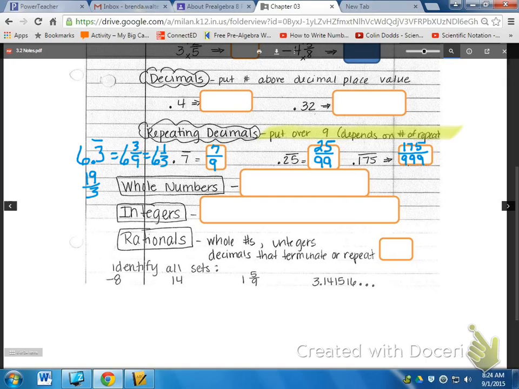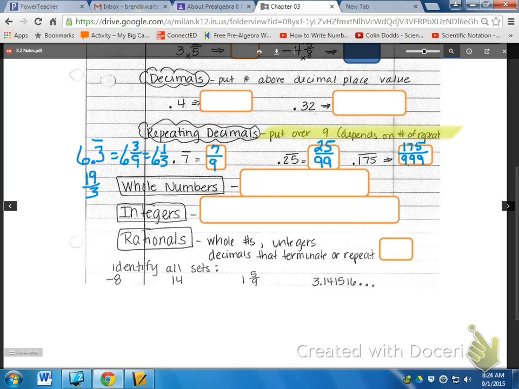Question? 175 over 999, can you reduce that? What can you divide out of there? 3. I don't think you can, because 175, if you add 1 plus 7 plus 5, that's 13, and 3 doesn't go into 13. That's the trick for seeing if 3 goes into a number.